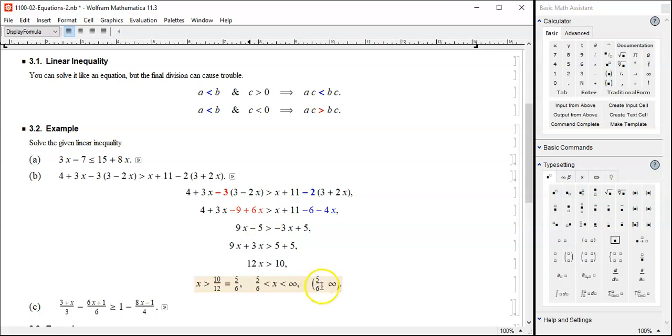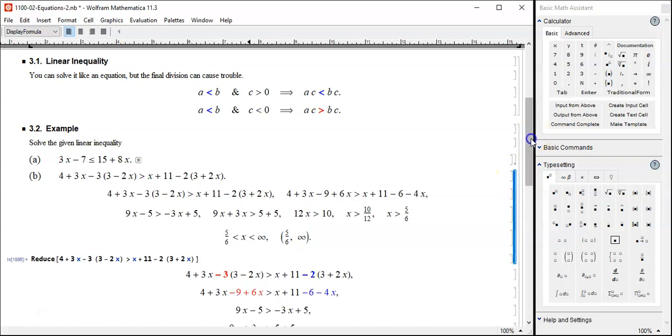Smaller number, comma, larger number. Smaller number, less than x, less than infinity. Okay, that was the solution. Please check the answer. Everything was okay.